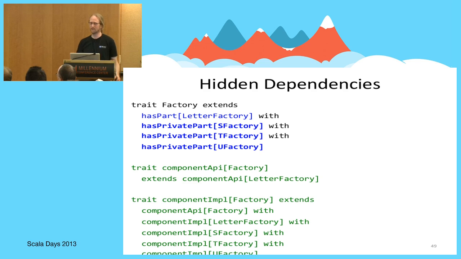But it's really easy to do with the cake pattern. All you have to do is leave those hidden components out of the API. They're inside the Impl, and the Impl gets 4 factories, but the API only gets the top one. So now nobody outside of the factory is ever going to see those.